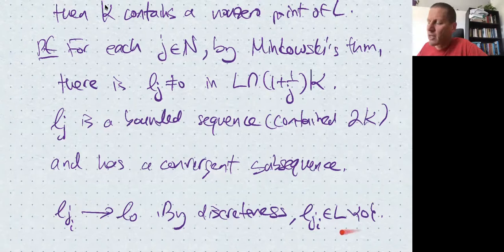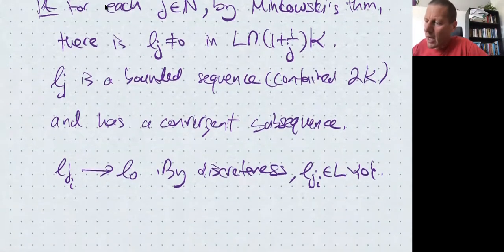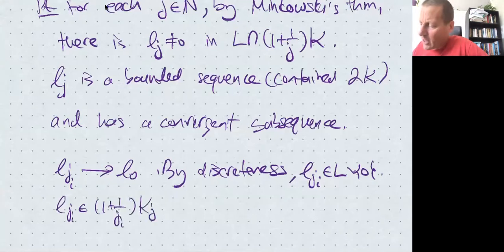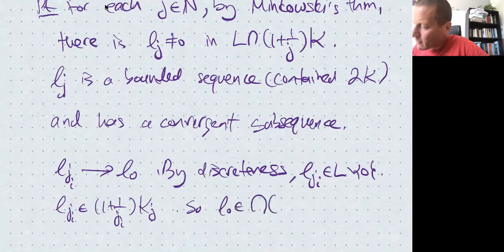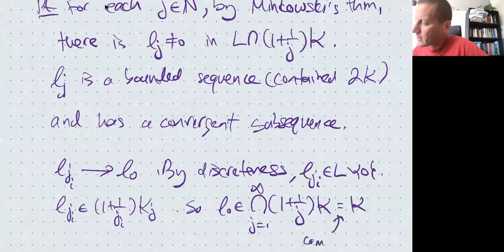So this converges to some non-zero point of L, and Lji is in 1 plus 1 over ji times K. So the limit point L0 is in the intersection of these things. And you can check that that's equal to K, and this comes from the compactness.